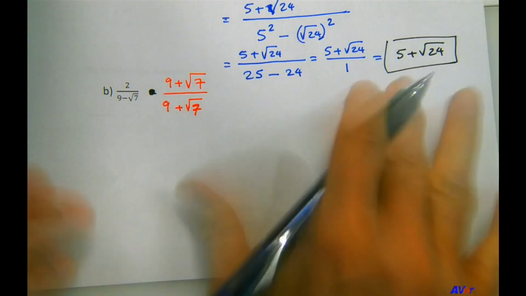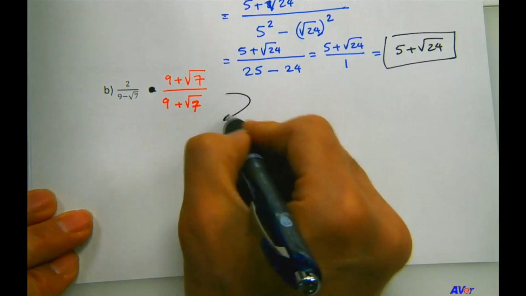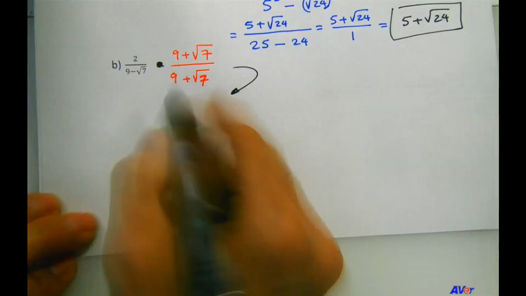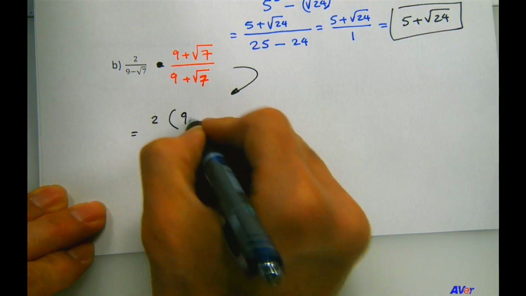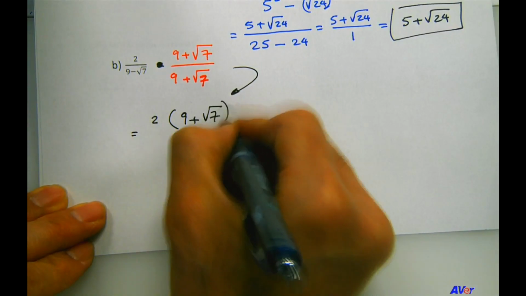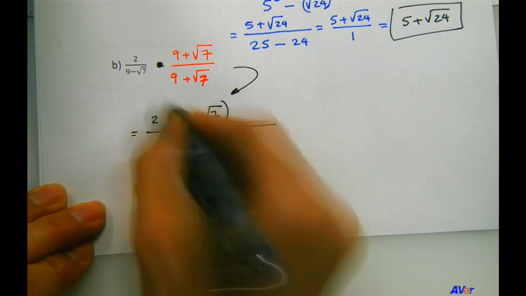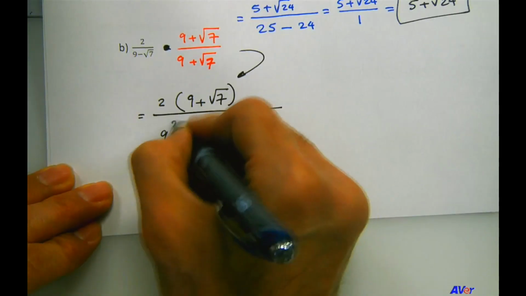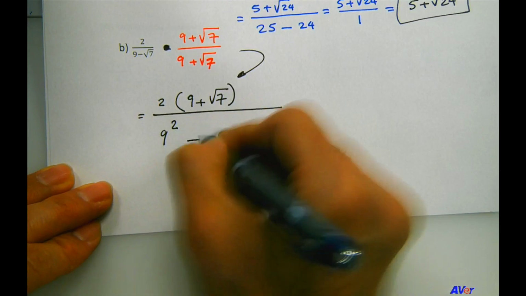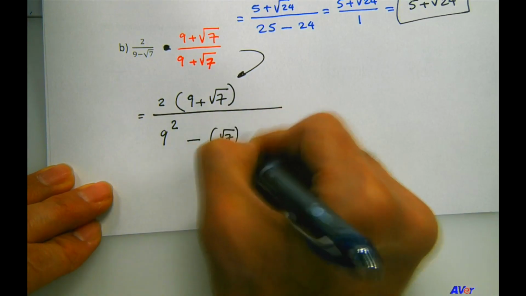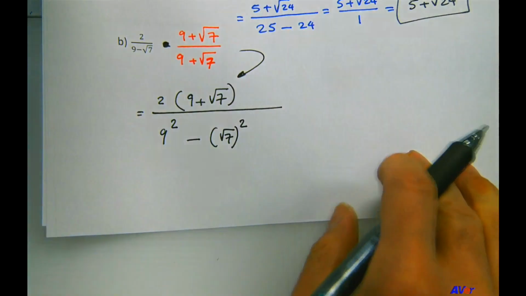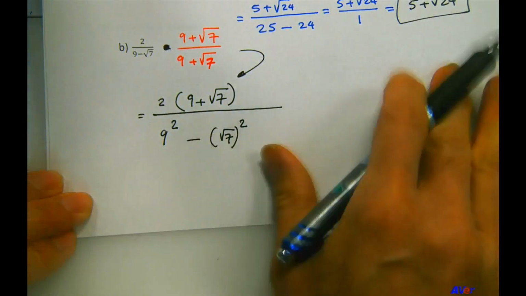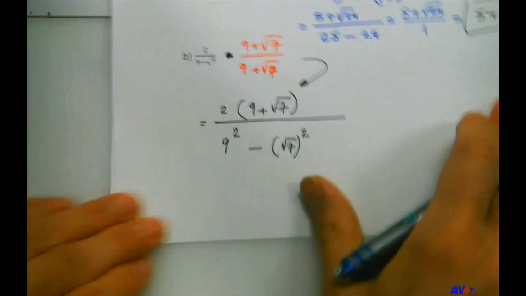Okay, let's continue. We have 2 times 9 plus square root of 7 in the numerator. In the denominator, we have 9 squared minus square root of 7 squared. Right? Because let me show you this step.